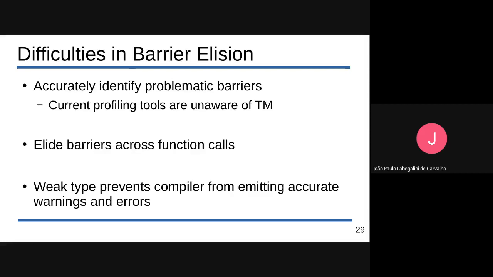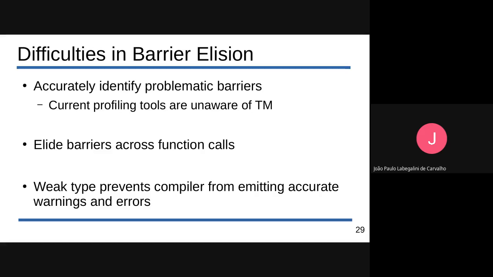But most of the hard aspects of eliding transactional memory barriers come from how to identify the problematic barriers. And to solve that, we created a profiling tool that helps programmers to identify opportunities for elision.